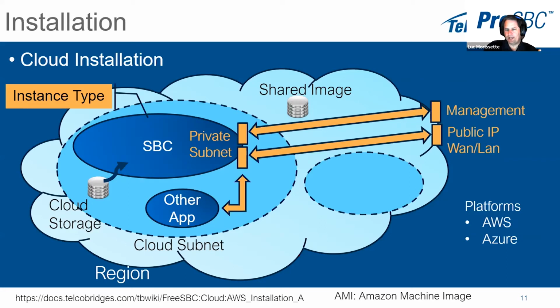So you need to be in a region, and in those regions you have cloud subnets, various subnets that you can use. We want to use things in the same subnet when you have other applications that you want to interconnect with your SBC.